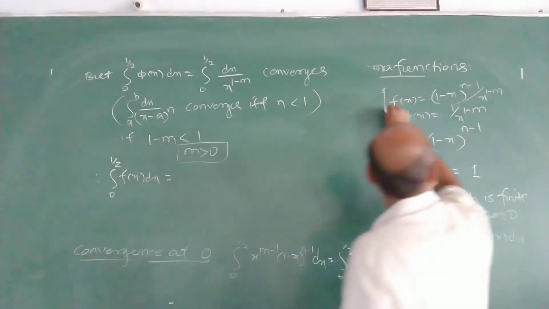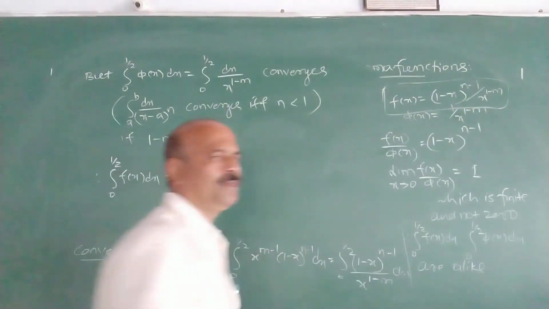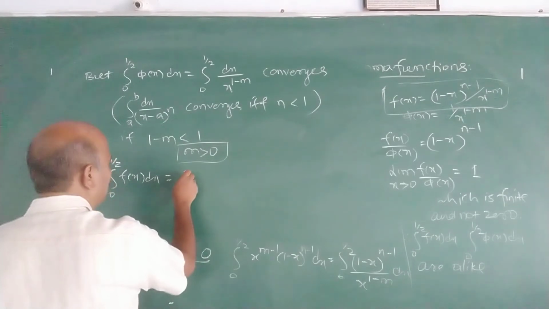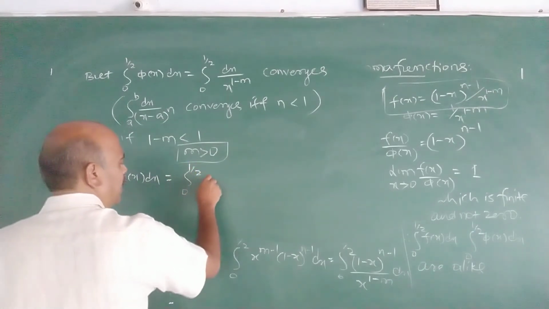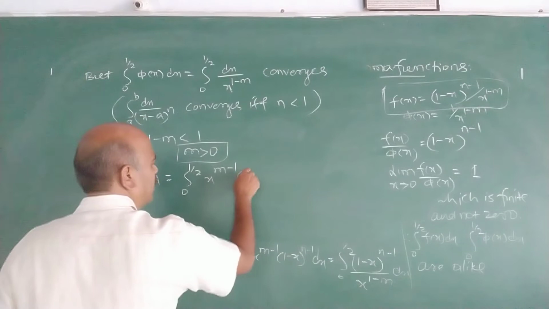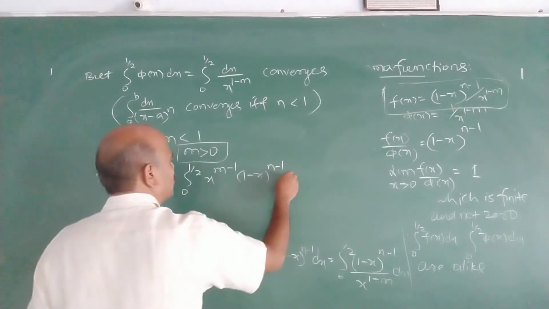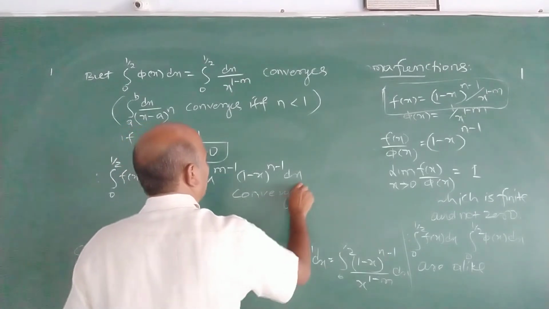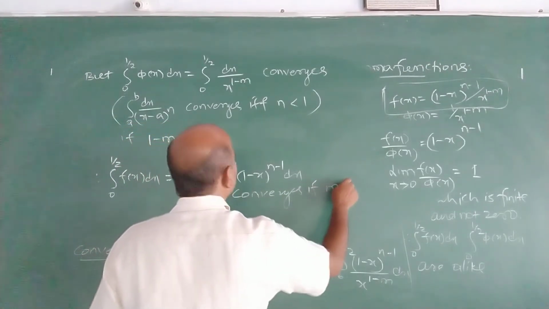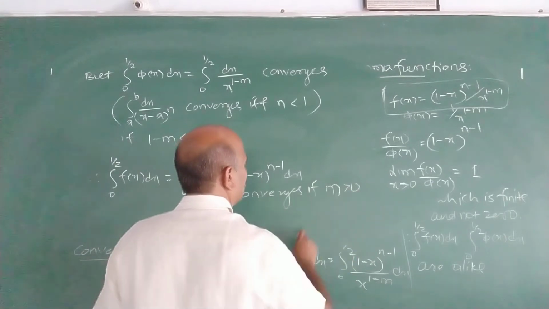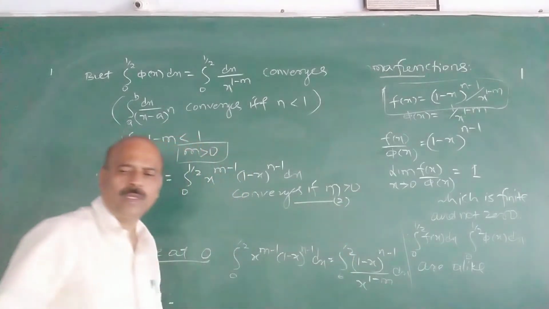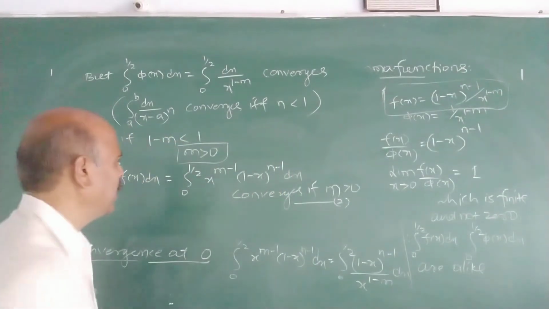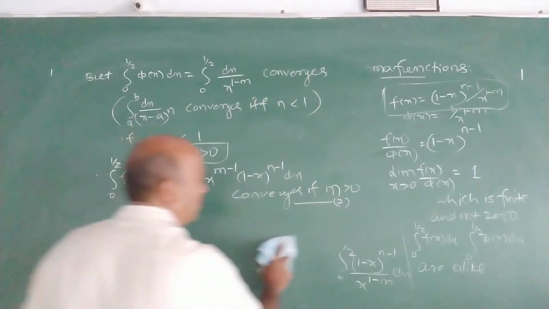The integral from 0 to half of f(x) dx, that is, x^(m-1)(1-x)^(n-1) dx, converges if m is greater than 0. So convergence at 0: it converges if m is greater than 0.